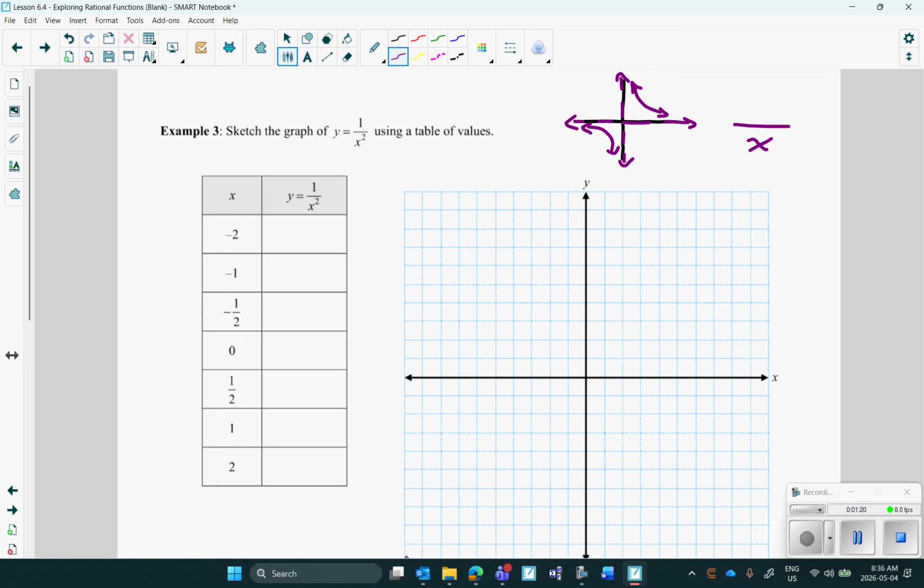Well, let's do a table. What's negative 2 all squared? 4, so we get 1 over 4. 1 over negative 1 all squared is 1 divided by 1, which is 1.